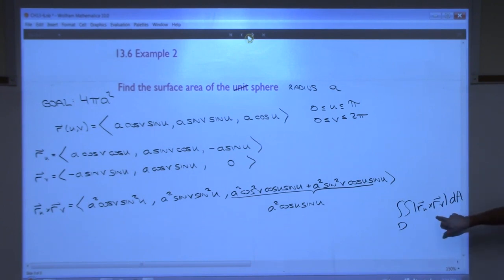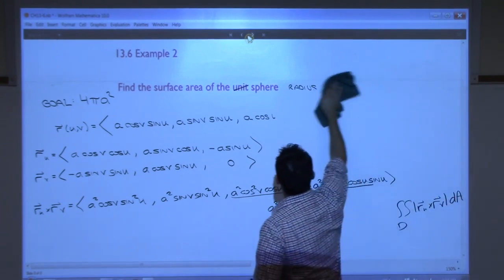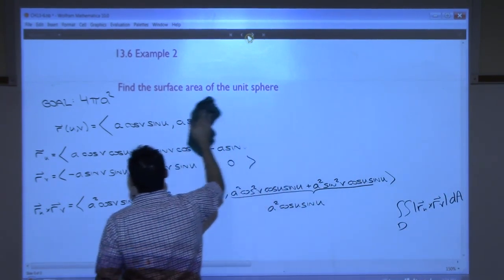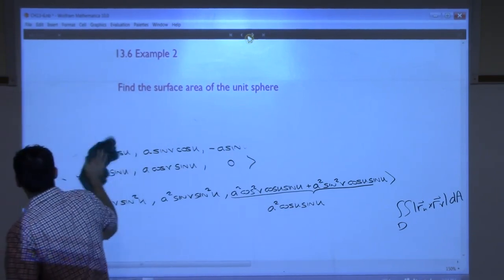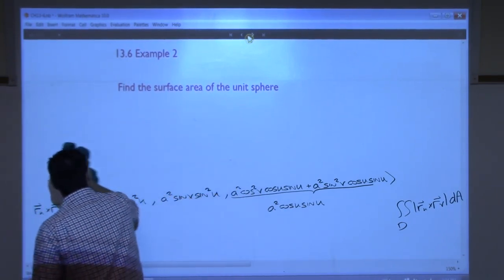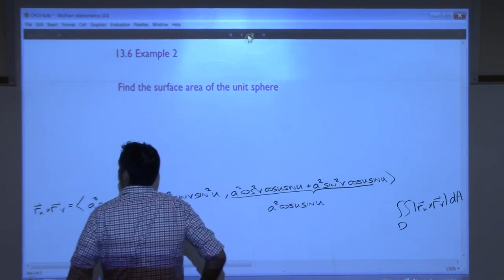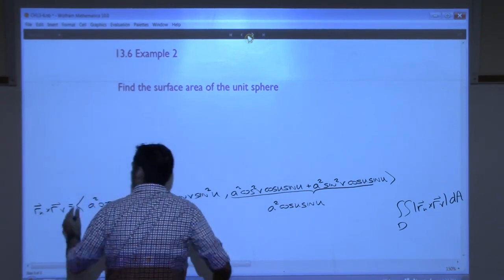Magnitude. The magnitude of a vector is the square root of the square of each of the components. So we have to square each of these components, add them together, take the square root. And that may sound bad, but it's not going to be that bad. In fact, it's going to be great when it's all said and done. Things are going to go away.